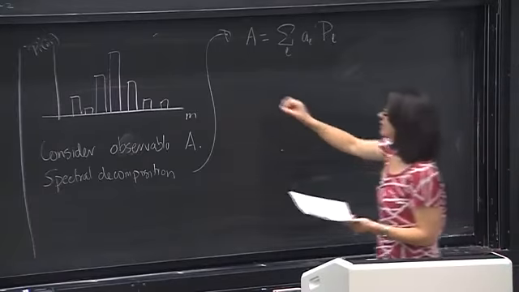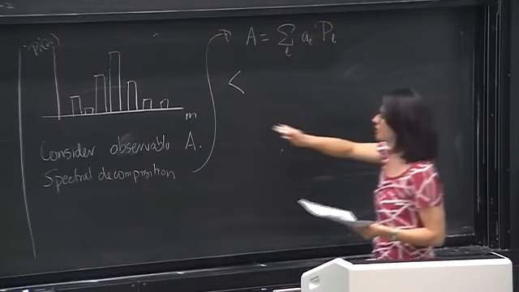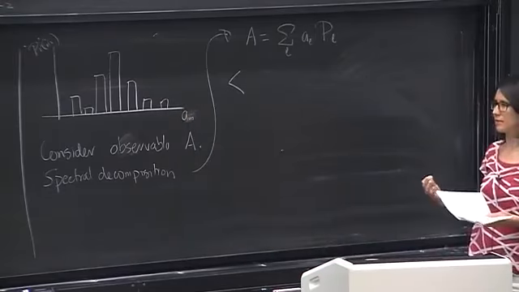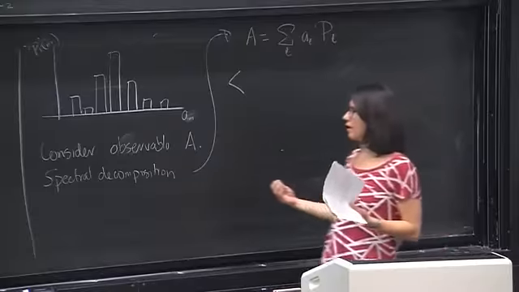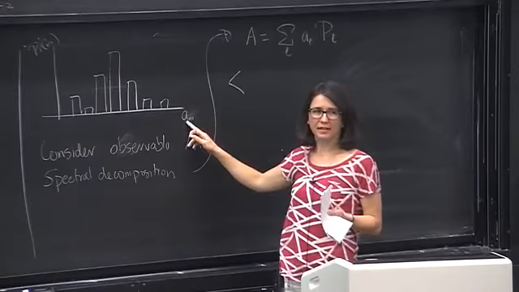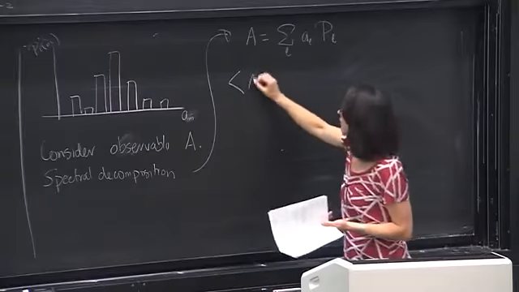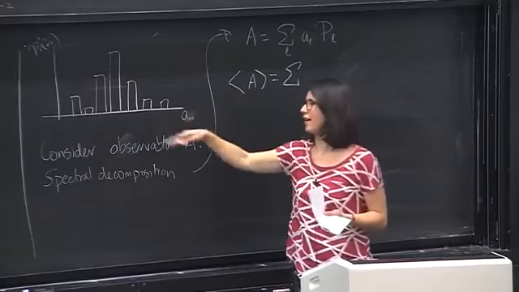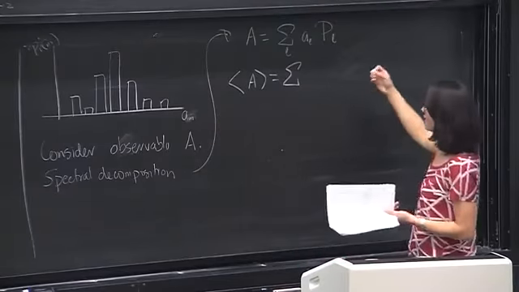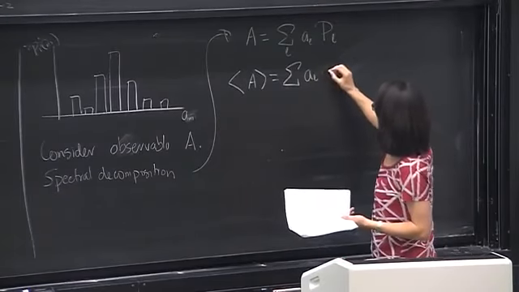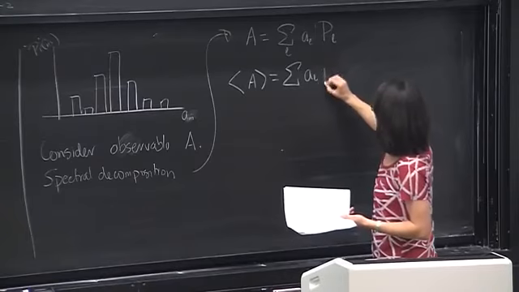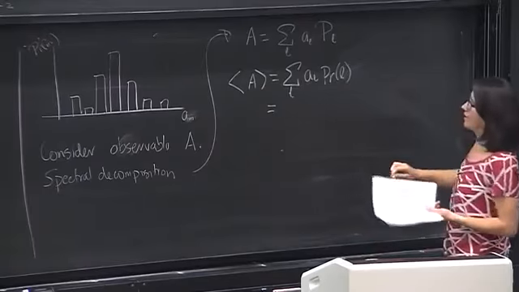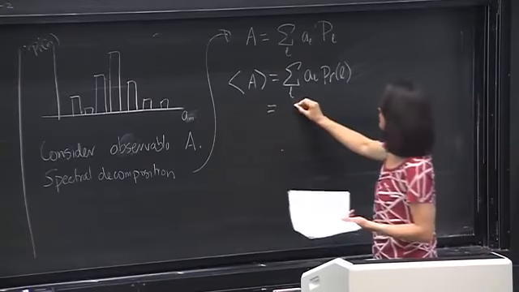And now if I write down the definition of what an expectation value is, well, it's going to be the value that I'm interested in times the probability of getting that outcome. So it'll be a sum over all of the values where each one is weighted by the probability of getting that outcome. So we'll have the sum over A_L times the probability of getting L. And then we know that that's given by Born's rule.